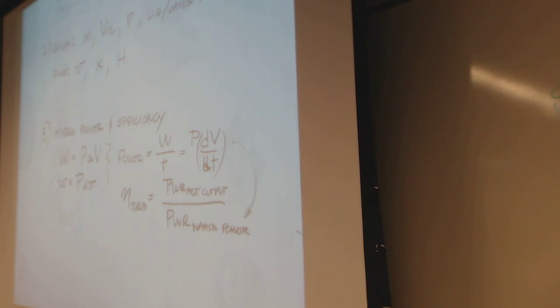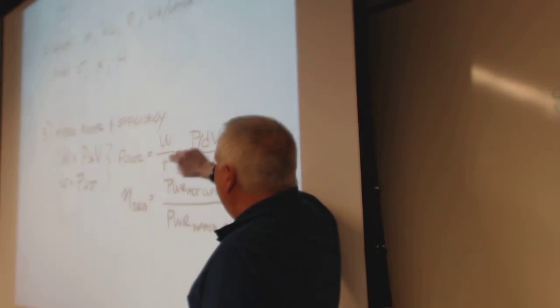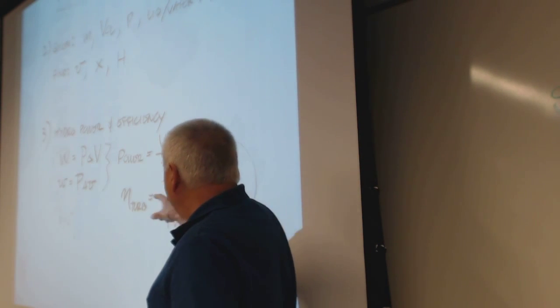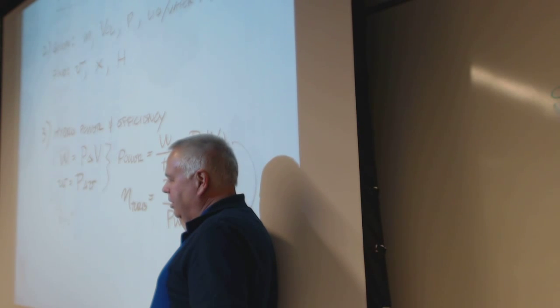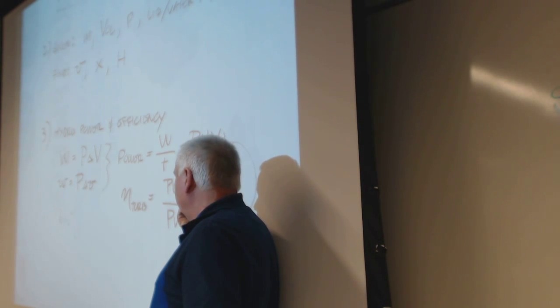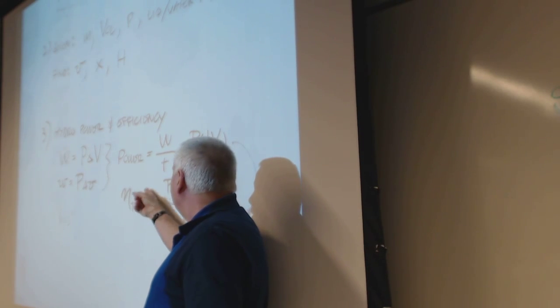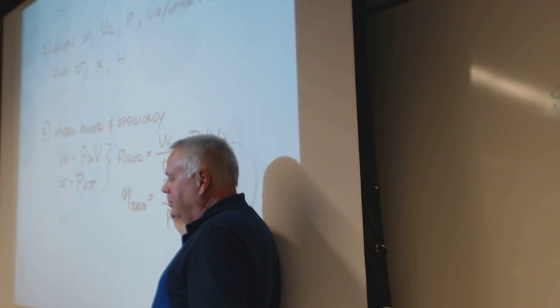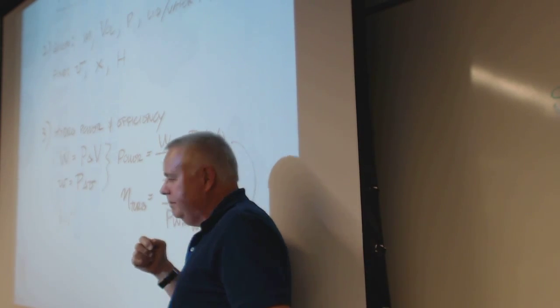So if the first question is how much power is in the water, the second question would be if your turbine is this efficient, what's the shaft power output? So if I give you this, and I give you this, you should be able to come up with that.